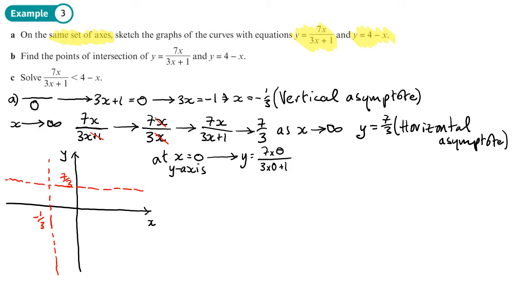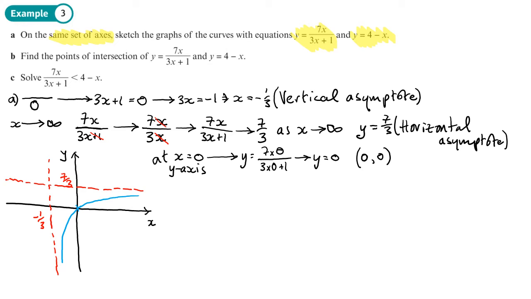Well, we're going to get y equals 0. So this tells me that the graph crosses both the x and the y-axis at (0, 0). So that tells me that the graph crosses this point, so it goes like this. This is the only way it can be drawn, so that it goes through that point.